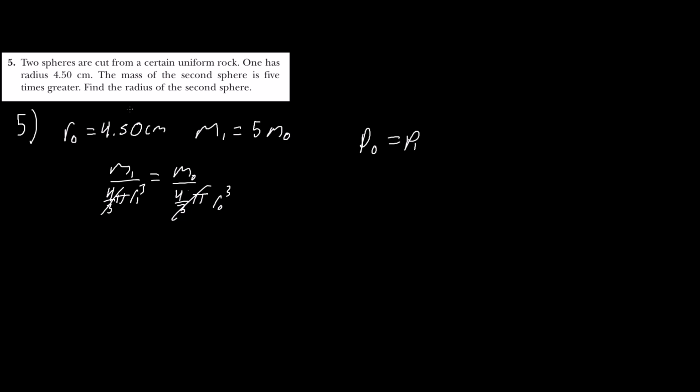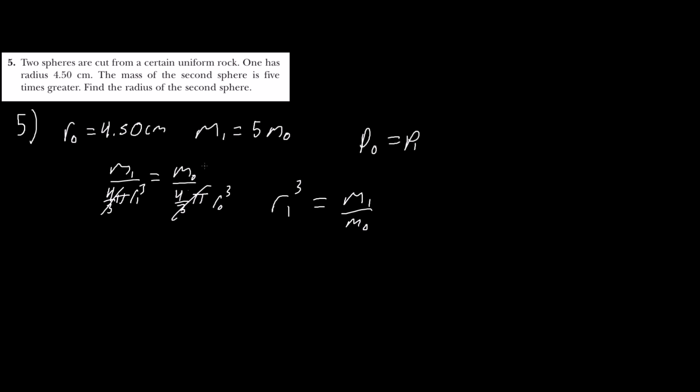So, the question is asking, find the radius of the second sphere. Oh, and actually, never mind the fact that we're given these variables too. So that means that the radius of the second sphere, once you arrange the formula, is going to be the mass of the first sphere divided by the mass of the other sphere.